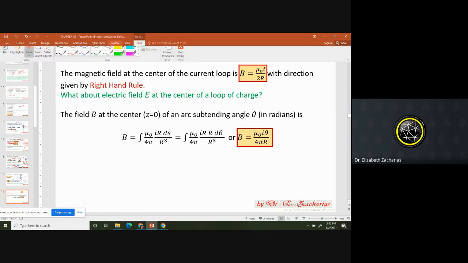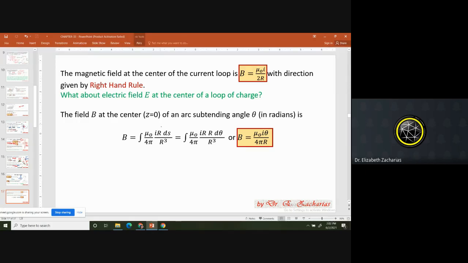Okay, now here we have talked about a circular loop. What if I have a part of a circular loop? Let's say this is my loop of current, and let the radius of the loop be some r.